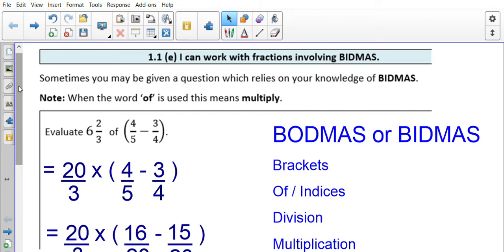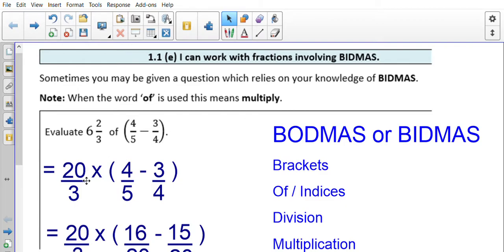For this first example, you've got 6 2/3 of (4/5 minus 3/4). You'll notice we've got brackets. According to BODMAS, brackets is the first thing that you should deal with.